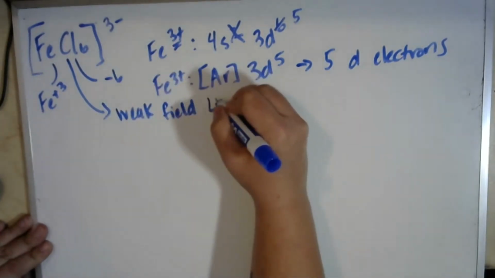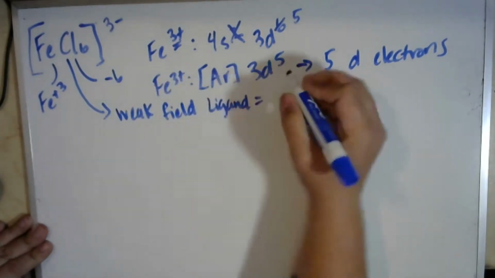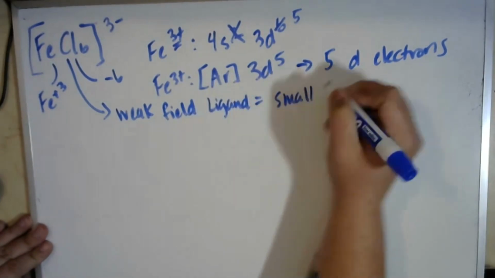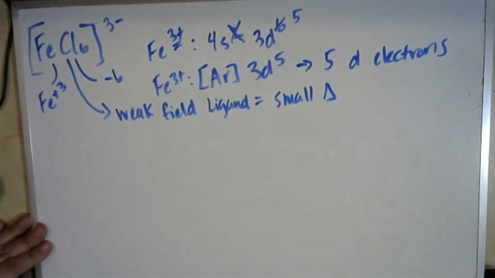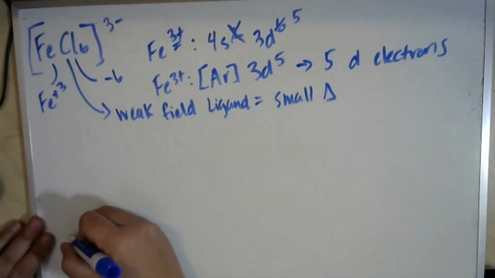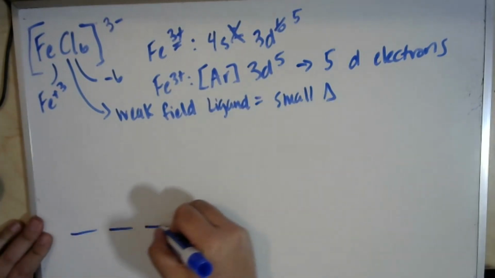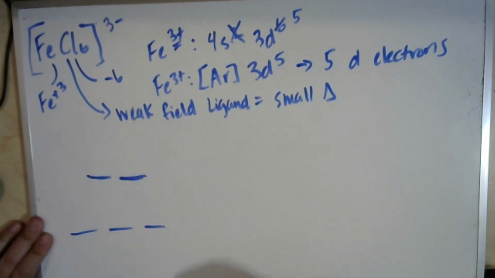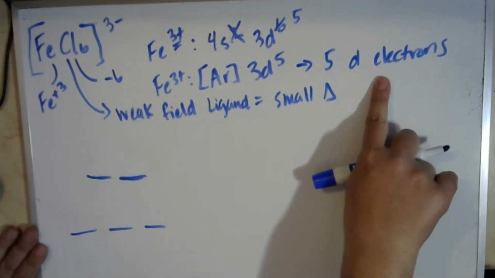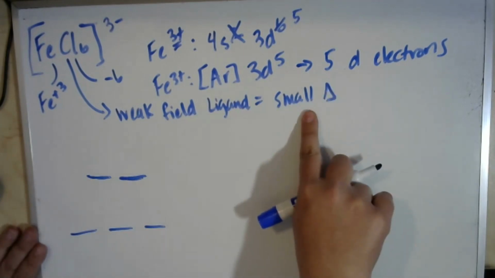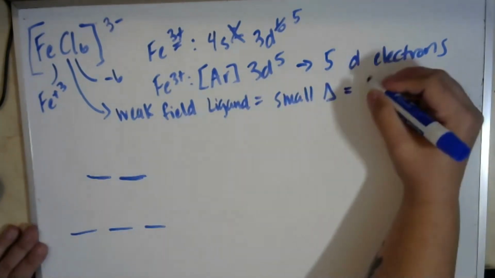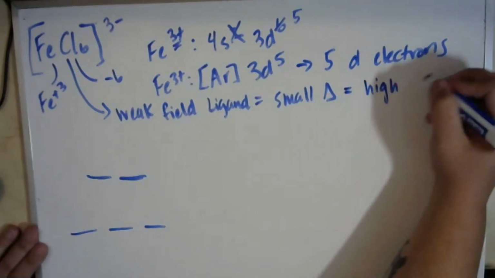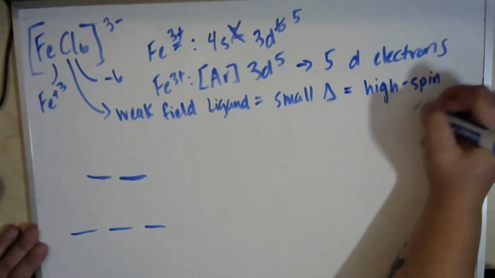Weak field ligand, small crystal splitting energy, small delta value. So now when we are going to set up our octahedral diagram, we have 5 d electrons to distribute. We have a small delta value. That means that we're going to have a high spin complex.